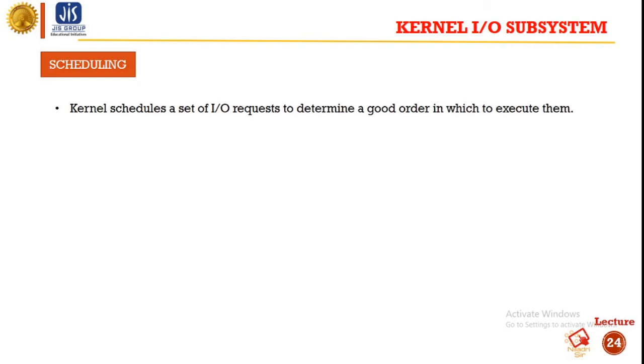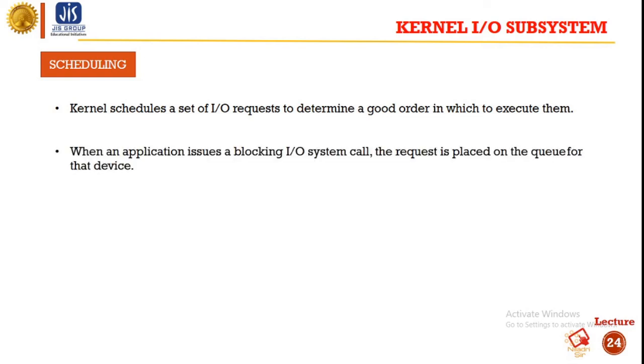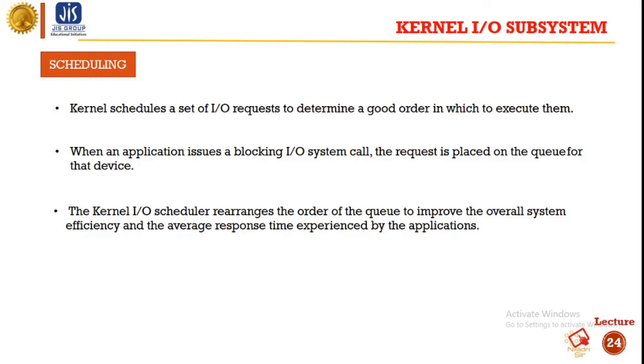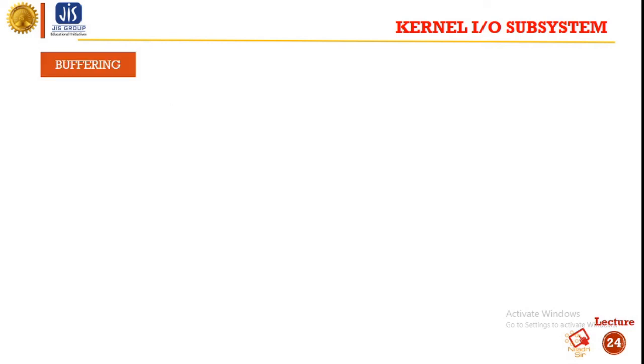The kernel schedules a set of I/O requests to determine a good order in which to execute them. When an application issues a blocking I/O system call, the request is placed on the queue for that device. The kernel I/O scheduler rearranges the order of the queue to improve the overall system efficiency and the average response time experienced by the application.